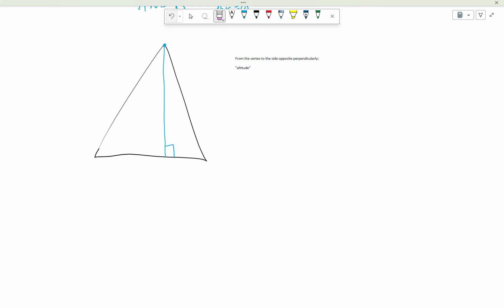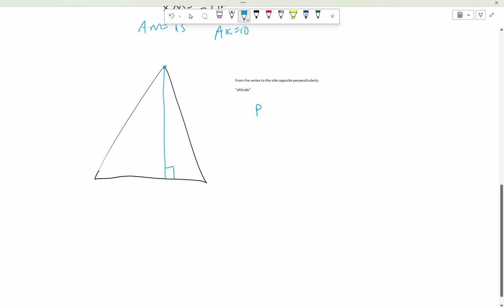So where the median was from the vertex to the side opposite halfway, this is from the vertex to the side opposite perpendicular. And it has a point of concurrency. It's our final one that we're learning here in this chapter.